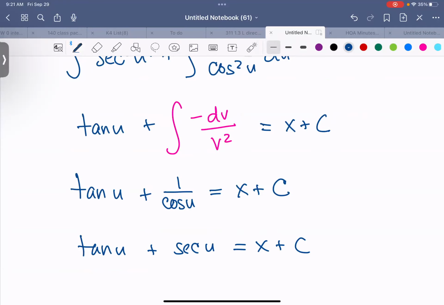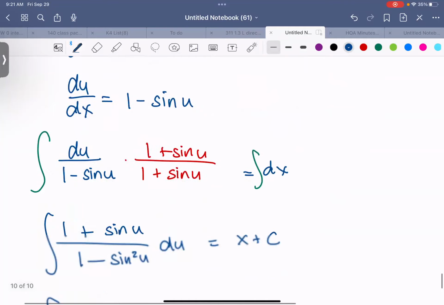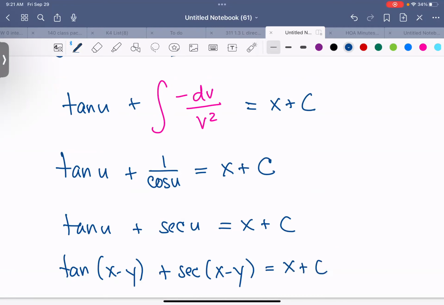And then the last piece is to sub back in. So our u was what, x minus y? All the way at the top, yeah, x minus y. So this will become the tangent of x minus y plus the secant of x minus y is x plus c.